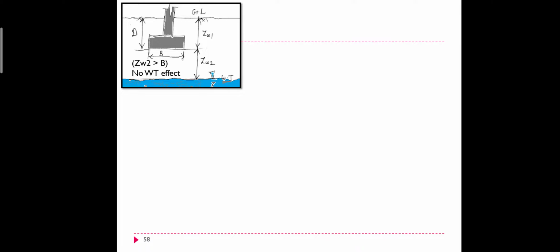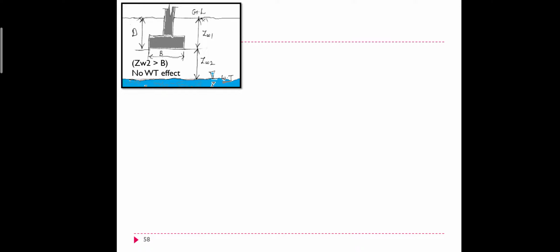Now if ZW2 value is greater than capital B, the width of the footing, there is no effect of water table. No effect of water table means there is no RW1 and RW2. So you should solve the problem normally, as we did before, without RW1 and RW2. Okay, I hope you have understood this far. This is the first case.